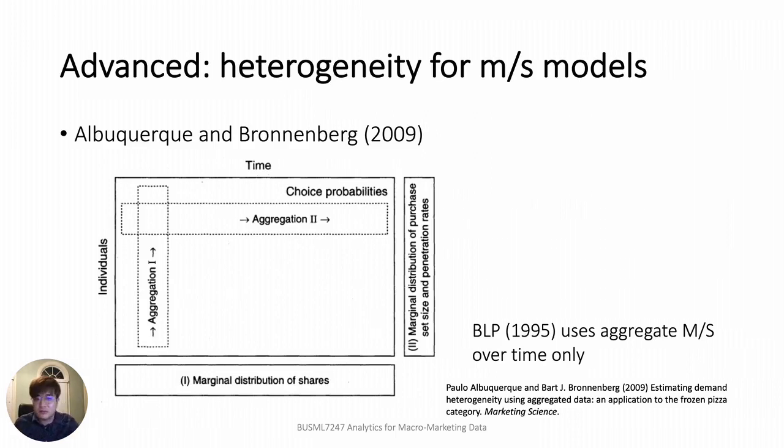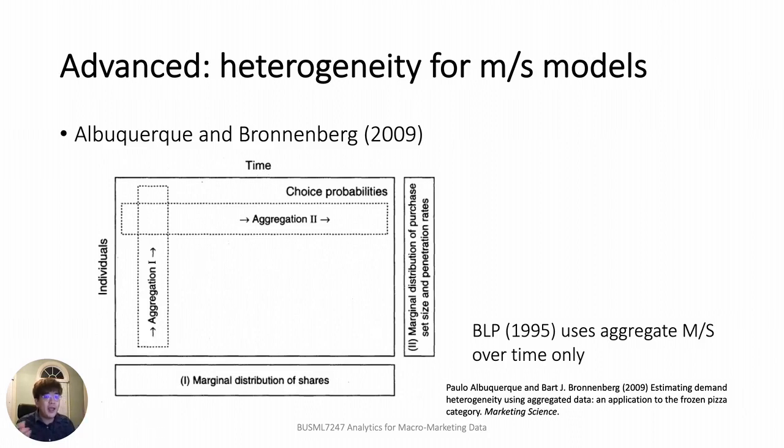But we can also think of another aggregation across time. Aggregation 2 in the dotted horizontal box denotes this aggregation. The individual consumer's choices over time are aggregated, resulting in a distribution of consumer purchase status.